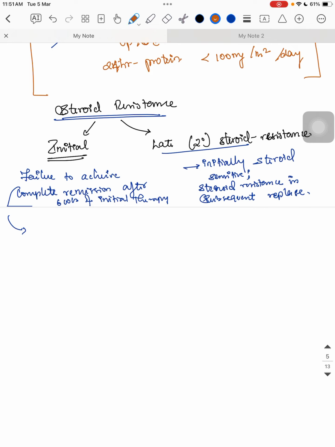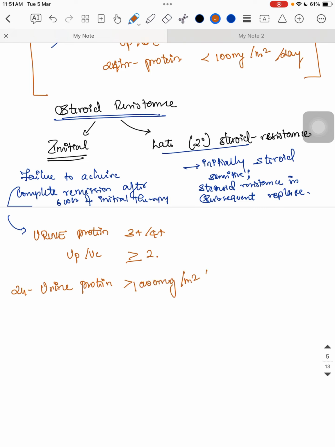That is when the urine protein is still 3+ or 4+ on dipstick, urine protein by urine creatinine ratio is more than or equal to 2, or 24-hour urine protein is more than 1000 mg per meter square per day, and the child has edema that is not resolving, with serum albumin level of less than 3.